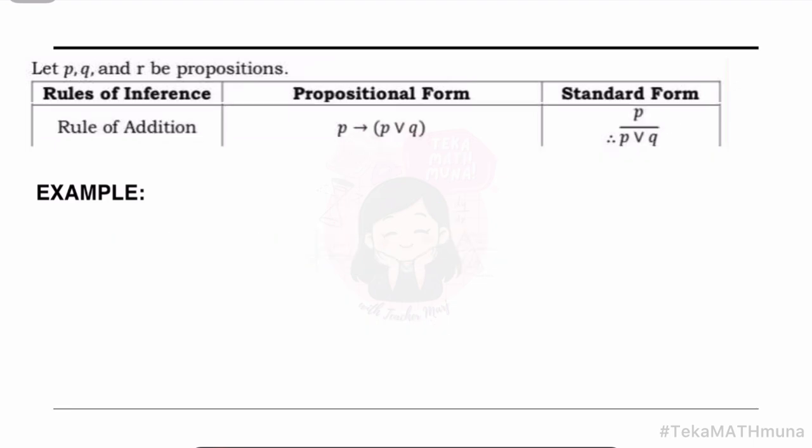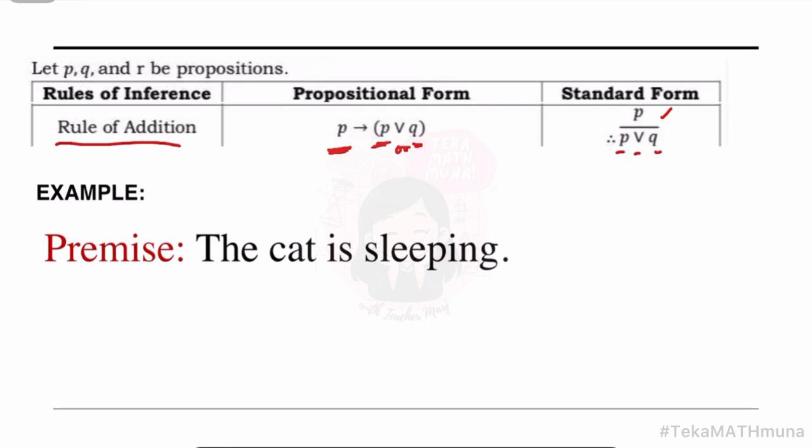Next, the rule of addition. If P is true, then you can conclude P or Q is true for any statement Q. Symbolically, if P, then P or Q. Example, the cat is sleeping.